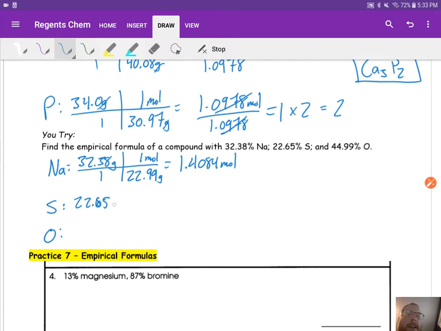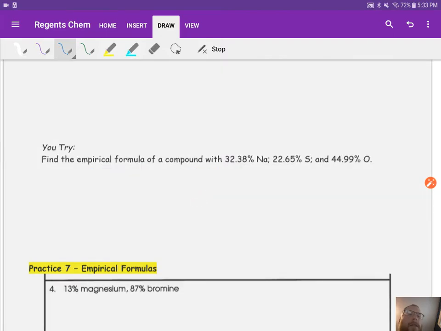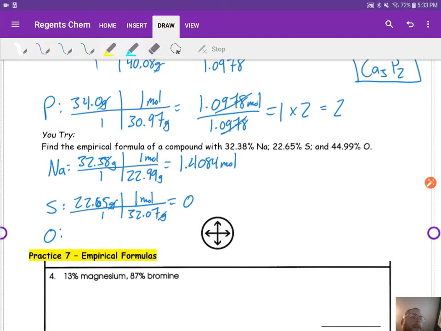Sulfur, I have 22.65 grams. Divided by its molar mass of 32.07 grams. So I would end up with 0.6927 moles.